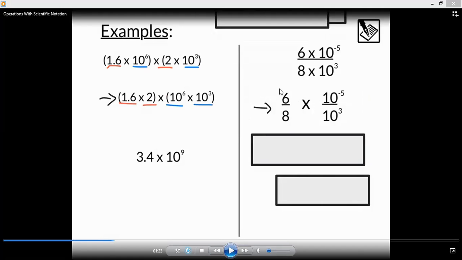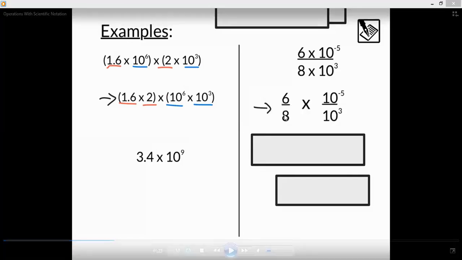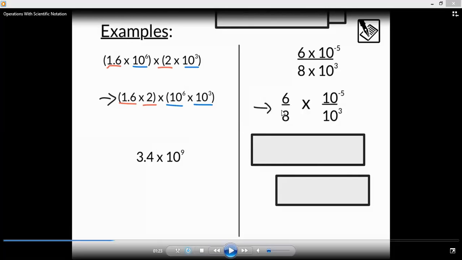This one, we are going to simplify it. 6 divided by 2 is 3, 8 divided by 2 is 4, which means it's 3/4. It's easy to change it into decimal, so it will be 0.75.